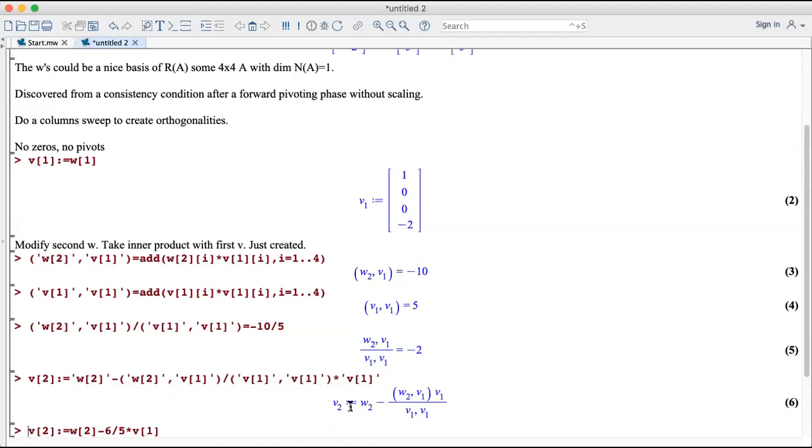So V2 becomes W2 minus, and then in the numerator the inner product of W2 and V1 times V1, and in the denominator the inner product of V1 with itself. So read brackets here. With this minus 2 here, that's equivalent to putting in plus 2 here.